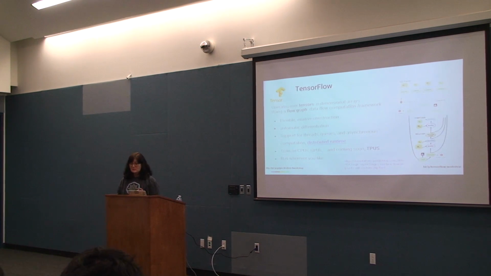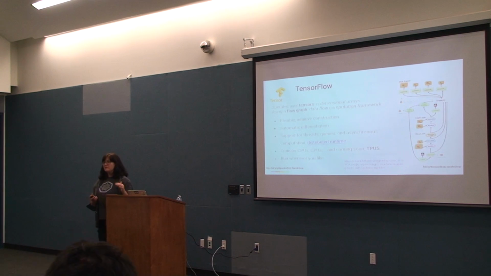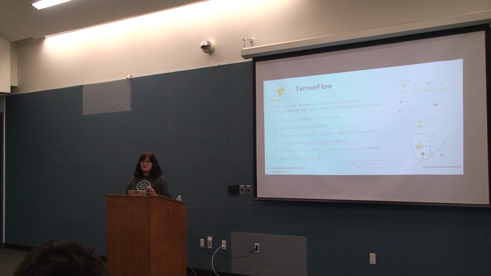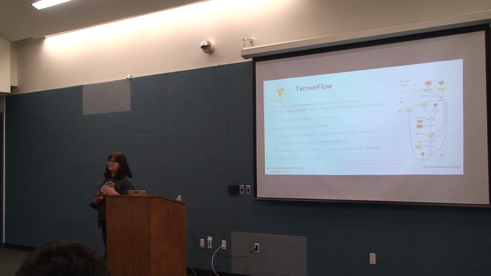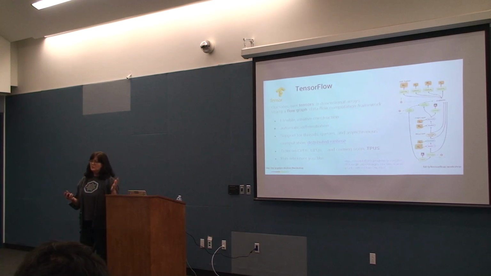It has a lot of nice support for the things that you need to do to run distributed training efficiently. It has support for auto differentiation, which I'll talk about a little bit more, which makes it really straightforward and easy to define how and run your model training.